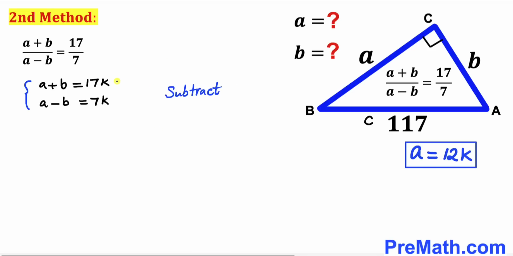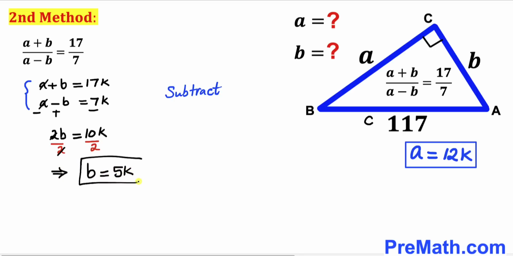This time we are going to subtract, which changes the signs, and here a and negative a are gone. So 2b equals 10k. Let's divide both sides by 2 to isolate lowercase b, so b equals 5k.